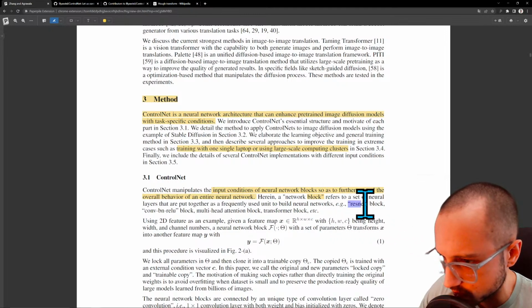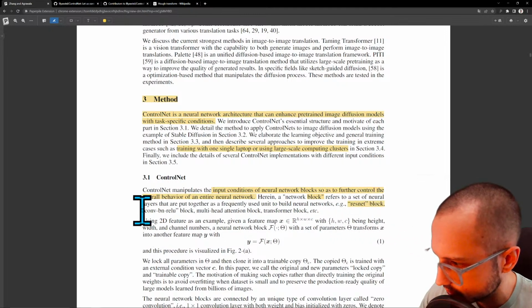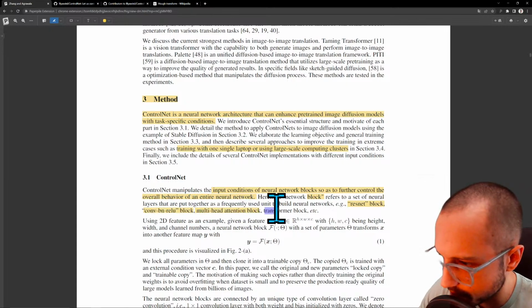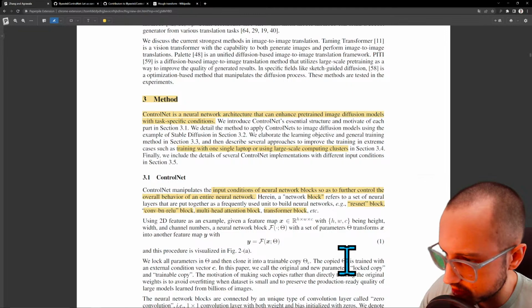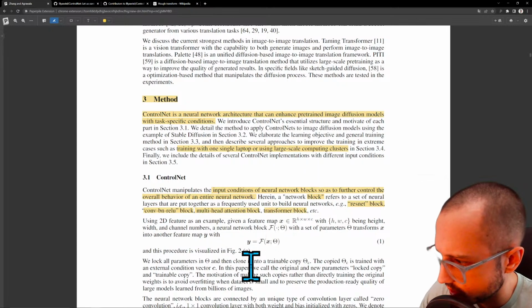So a ResNet block, conv block, multi-head attention block, a transformer block. Take any neural network architecture, cut it up into pieces, and any one of those pieces, you can call it a block. I think that's pretty standard terminology there.